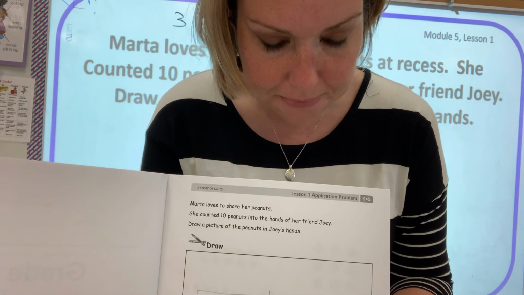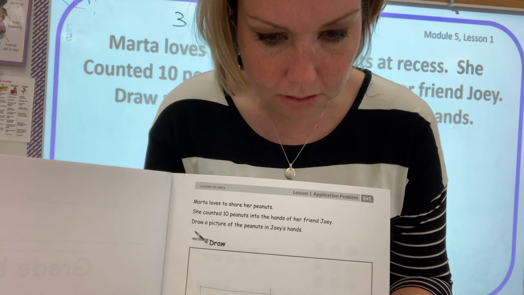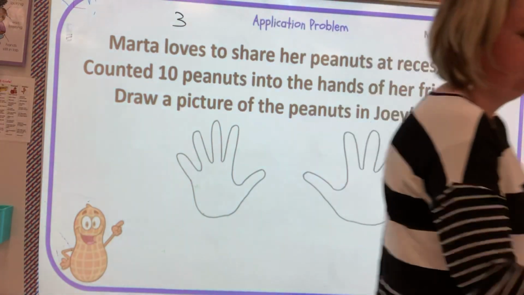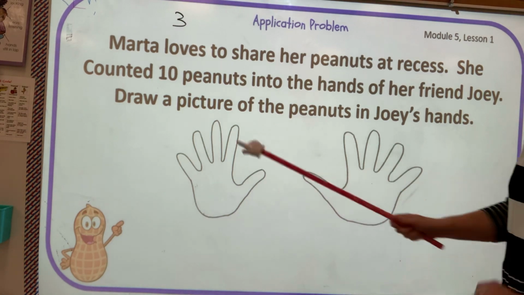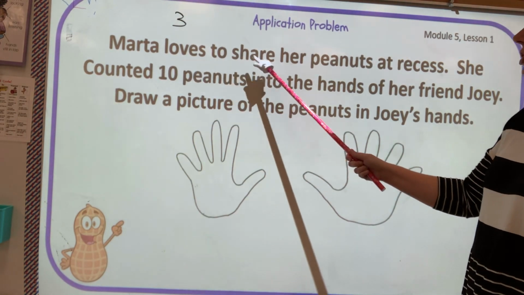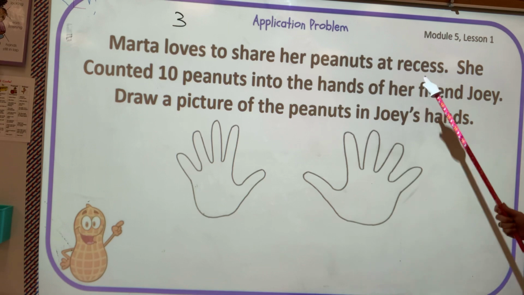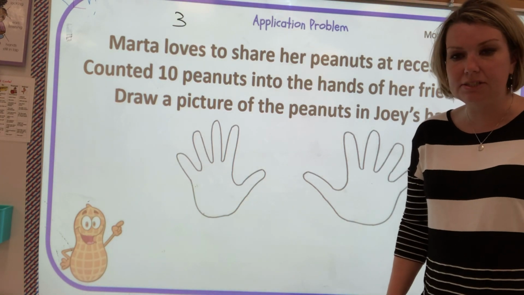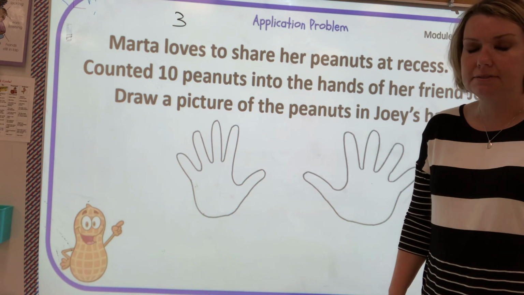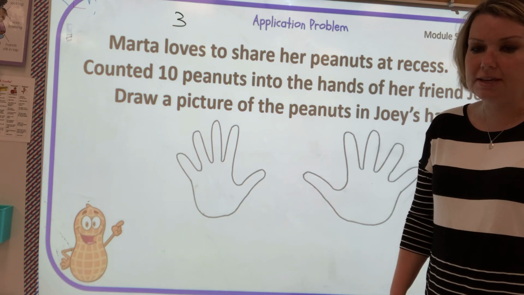Do you see that? Let's take a look. Martha loves to share her peanuts at recess. Does that give me any math information I need to know, or is it just telling? It's just telling me.